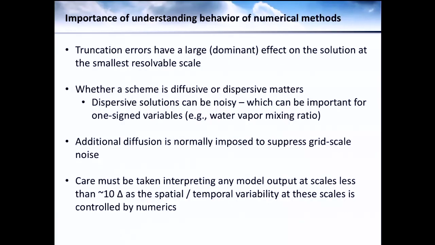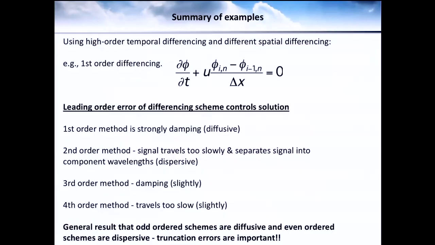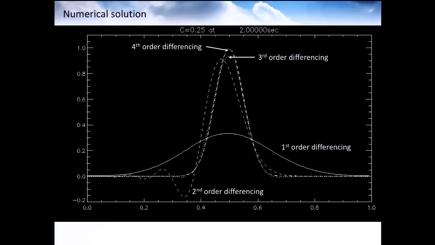So why do we need to know this? The truncation errors have a large dominant effect on the solution at the smallest resolvable scale. Whether your scheme is diffusive or dispersive actually really matters. If you think back to this, and say that the variable that we're trying to advect is water vapour mixing ratio, the concentration of water vapour.